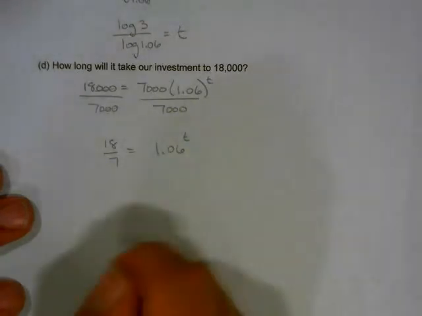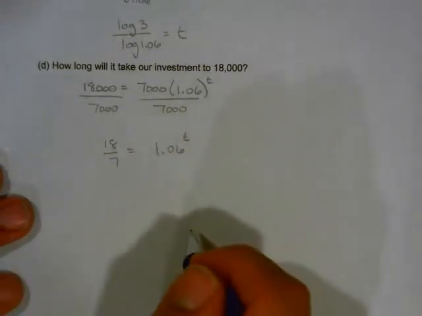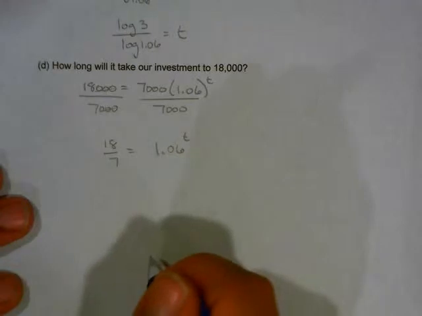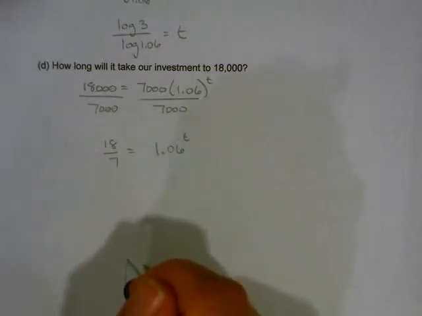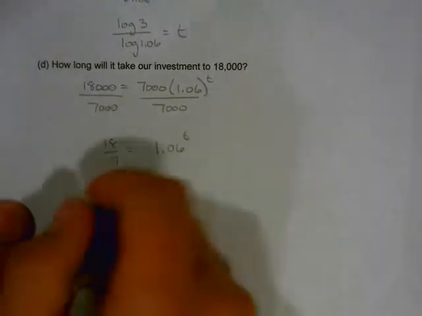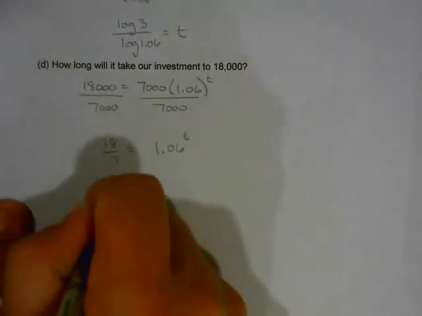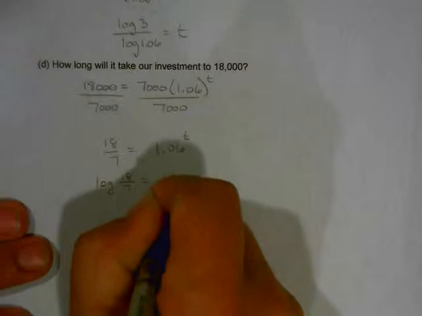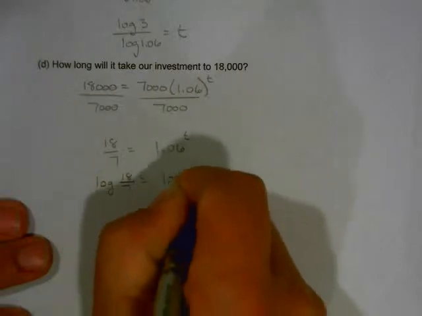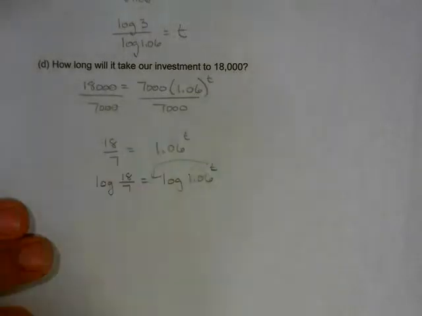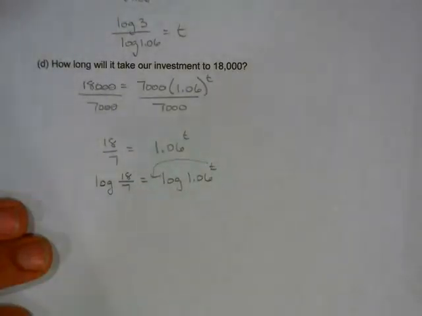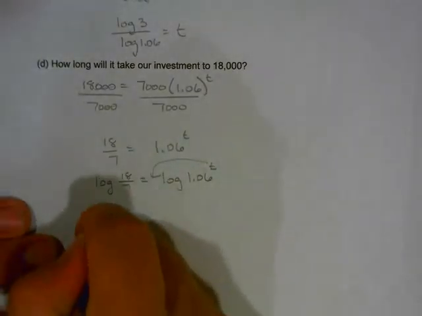Again, I'm not sure which method you like, so I'm just alternating so you can be exposed to both. Do it whichever method you like best and check your answer. So this time I'm going to take the log of both sides: log of 18 over 7 equals log of 1.06 to the t. Since I have a logarithm there, I have a property that says that power can come down.